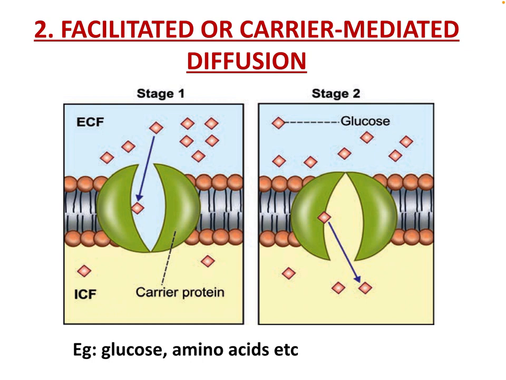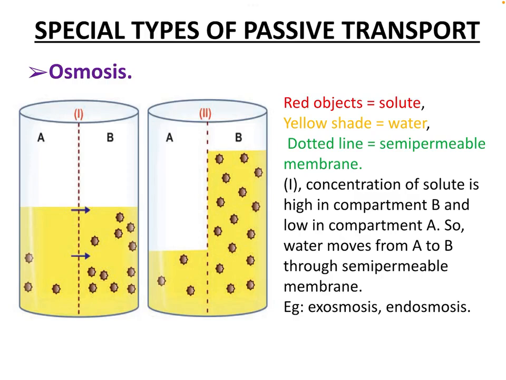This diagram is showing the transport of glucose from ECF to ICF with the help of carrier protein. And this diagram showing osmosis. It is a special type of passive transport. What is the difference between diffusion and osmosis?